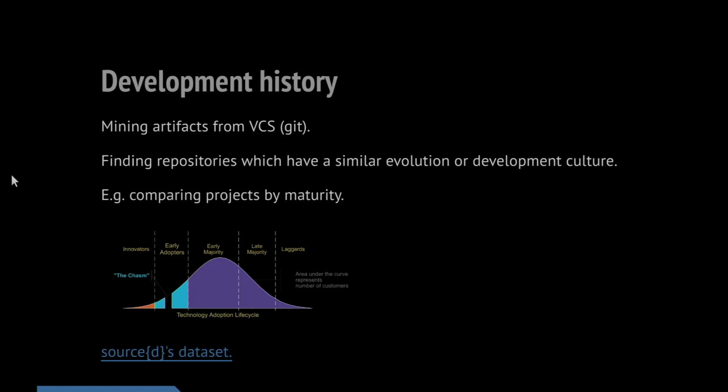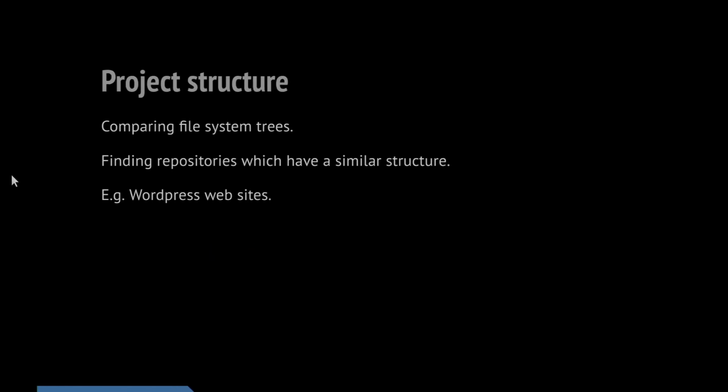Well, project structure, as I said, pretty straightforward. So we just compare the way the project is organized, and it works pretty well for finding, for example, websites, because usually your website is using some engine or framework, and this framework dictates the structure of your project.